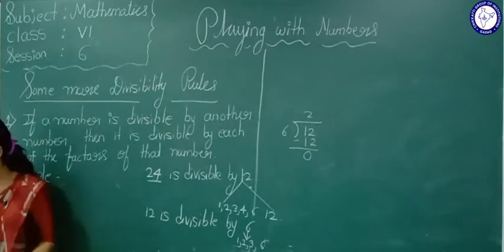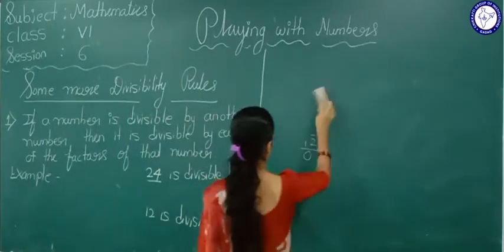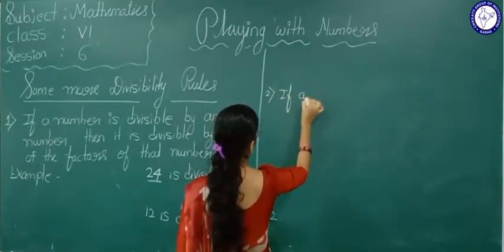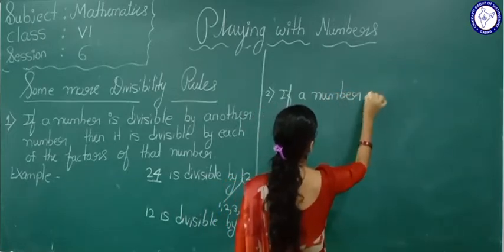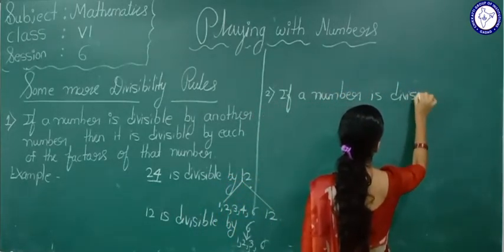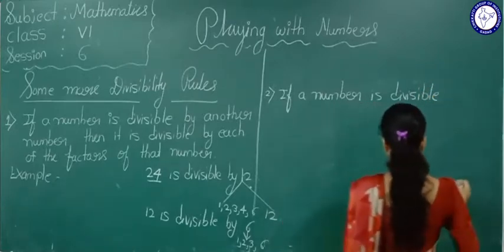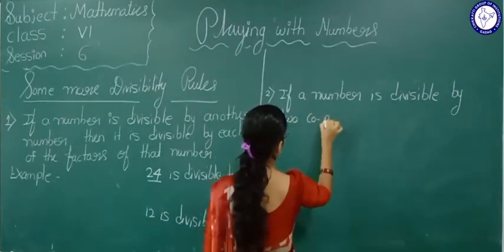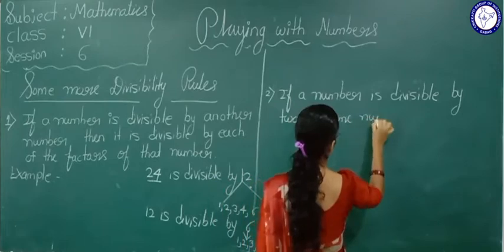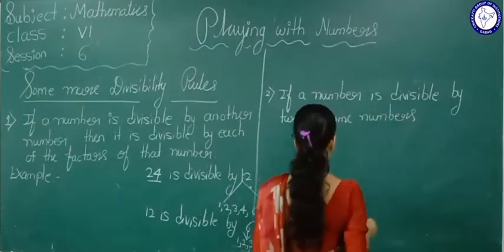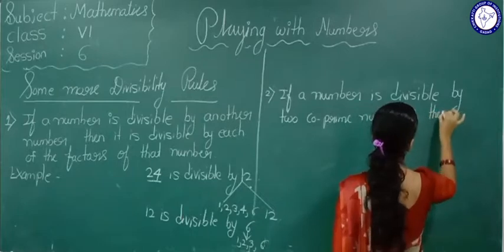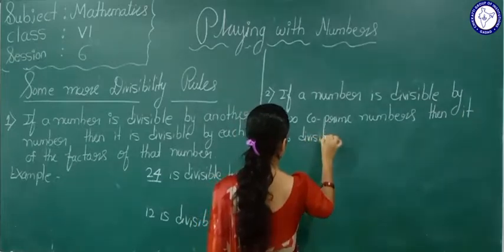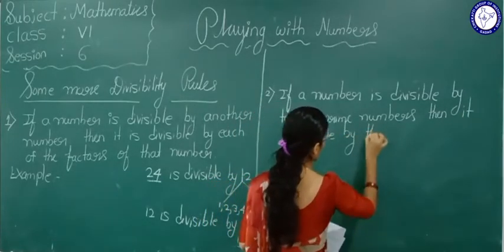Now we will see the second rule, what it tells us. The second rule tells us that if a number is divisible by two co-prime numbers, then it is divisible by their product also.